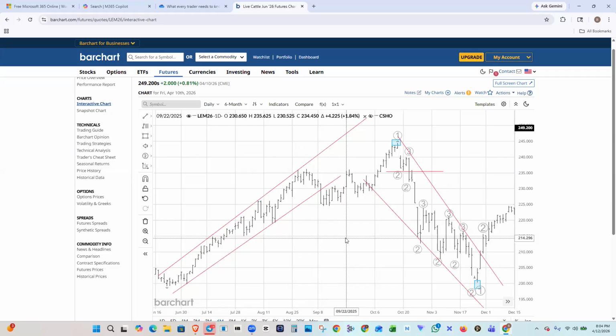When there is a 1, 2, 3, either top or bottom, it often indicates the point that you're going to have a reversal of trend. And that reversal can be one of two things.